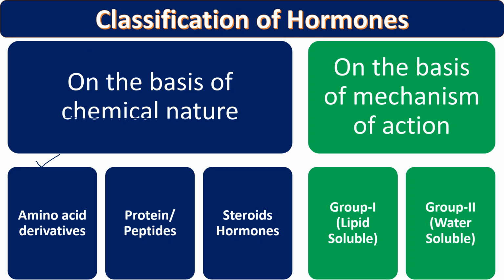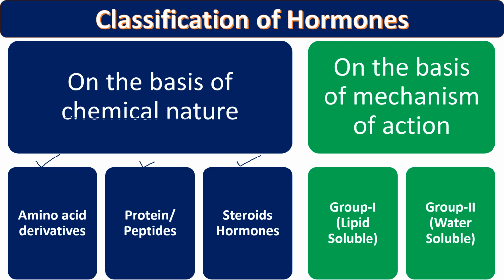So any hormones which are in the form of proteins, small proteins or small peptides, come into the protein and peptide hormone category. And third category is called steroidal hormones. These steroidal hormones are produced from a precursor, which is cholesterol. They are normally lipid soluble.